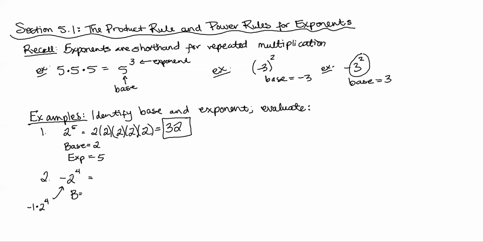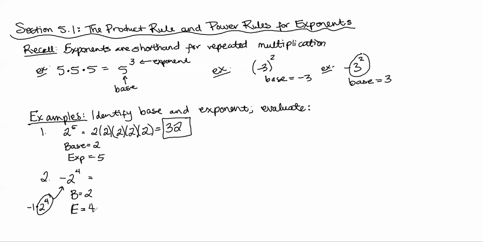Same kind of idea here. Instead of writing -1 times 2, we're just putting -2 to the 4th. If you remember back to order of operations, we do exponents before we multiply. So the base for this exponent is just the 2. The exponent is still that 4.